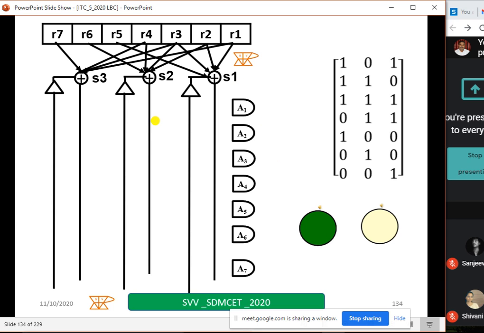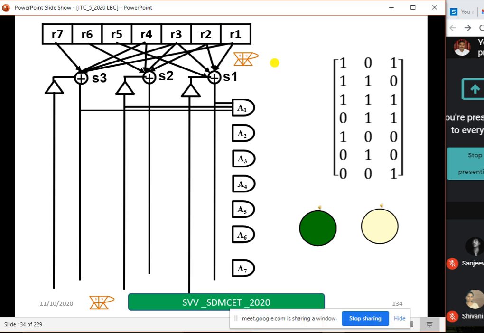See the H transpose. All of you observe here. For the first row, 1, 0, 1, I have S1, S2 bar, S3. Hence 1 means I connect S1, 0 means S2 bar, and 1 means I connect S3.